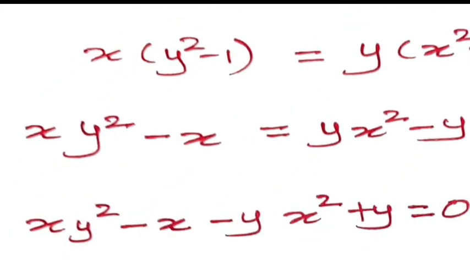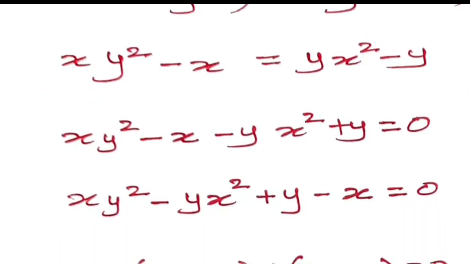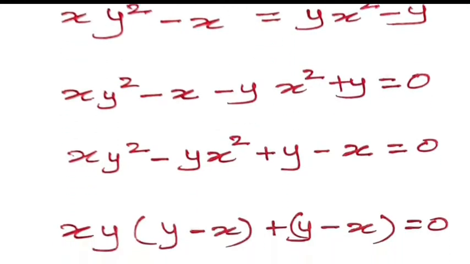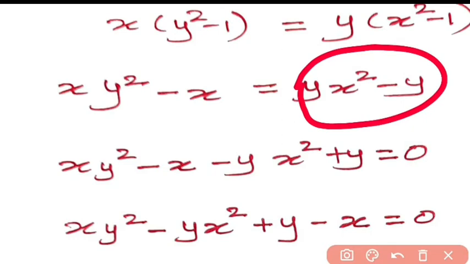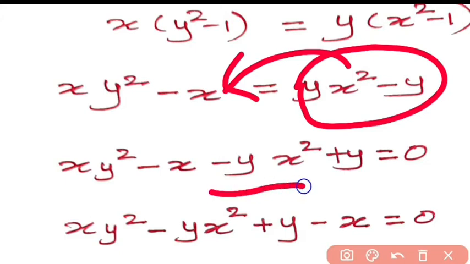Next we arrange that. We transform this y into x square to the other side of the equal, so it becomes minus y x square, and minus y becomes plus y because we are transposing the term, equal to 0.